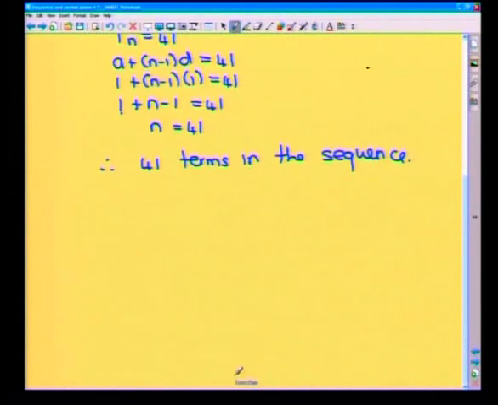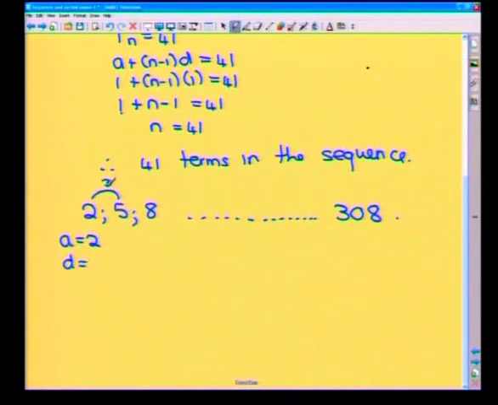Just to show you that this would work on a more complicated one, let's take something like this: 2, 5, 8, and so on to 308. Say I ask you how many terms are in that sequence. Now, obviously, you can see this is not so easy to tell. So the first thing I would do is say a is 2. My difference each time is 3.